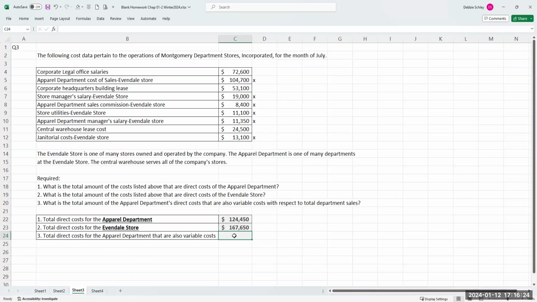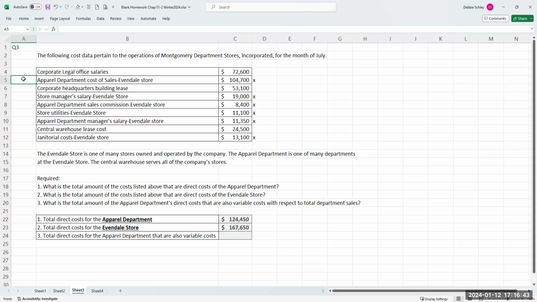Okay, now back to just the apparel department. So that was this one, and this one. They want to know which of those direct costs are also variable costs.